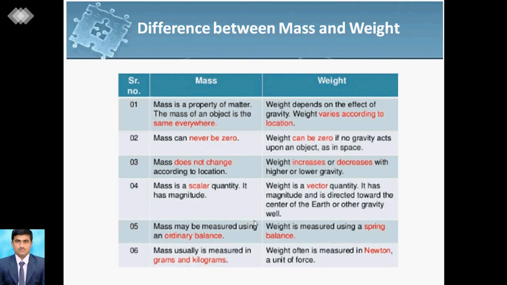Normally mass we can measure with ordinary scales, or you can say ordinary balances, but weight can be measured with a spring balance. We know that mass is measured in grams or kilograms, but weight is in newton and kilonewton, or other customary units. So this is the basic difference between mass and weight.